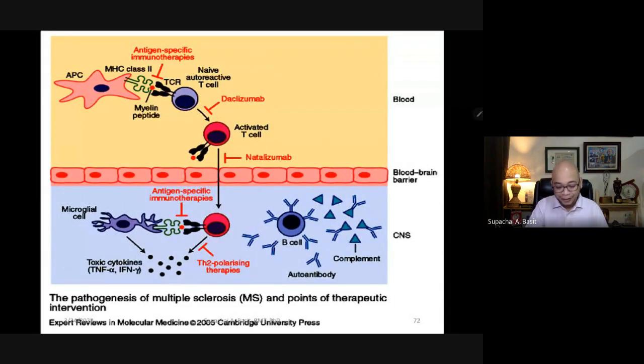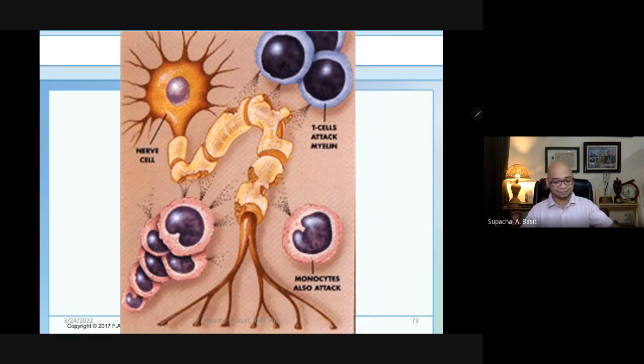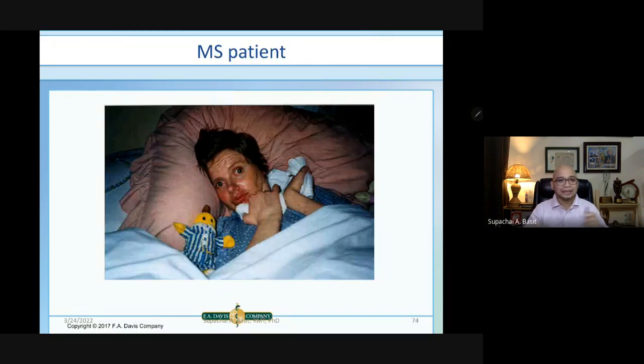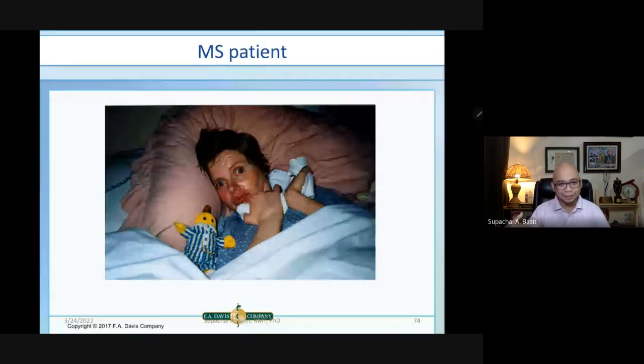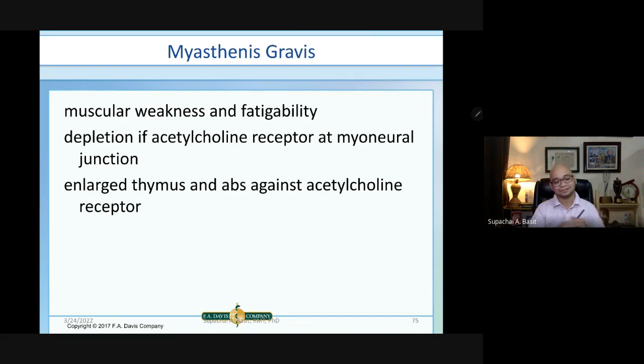So this particular drug, this monoclonal antibody, and natalizumab will somehow prevent increased destruction of the nerve or of the myelin sheath. So here's an example of an MS patient because of the paralysis. So there's a tendency that the patient could be bedridden.